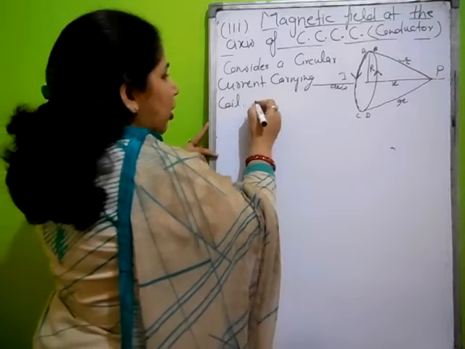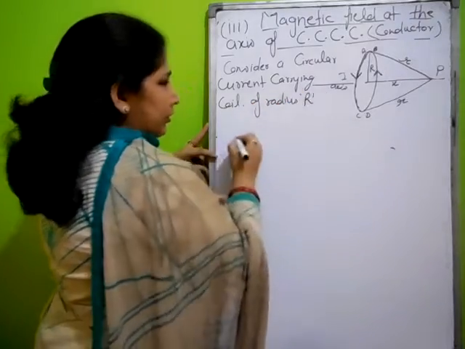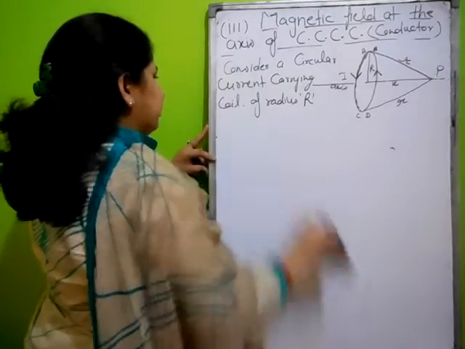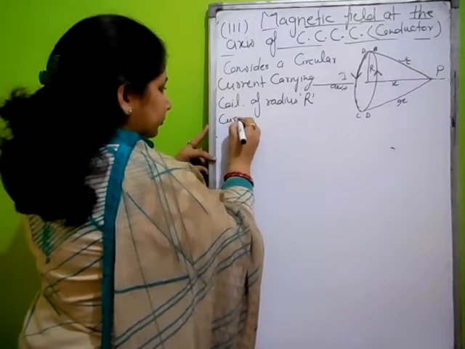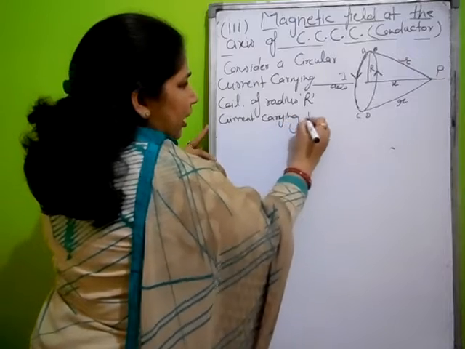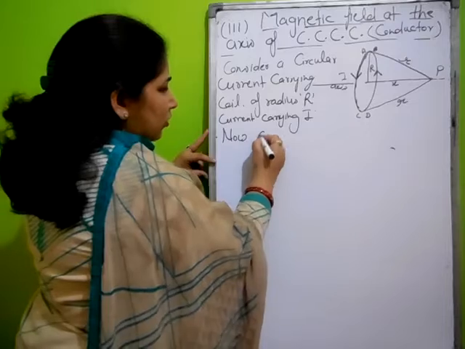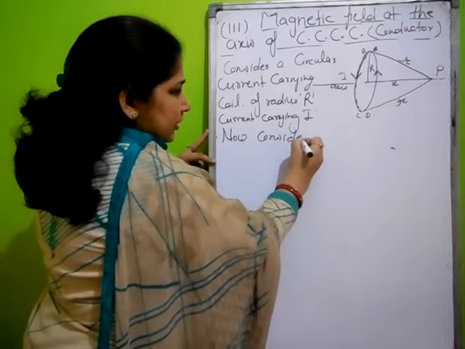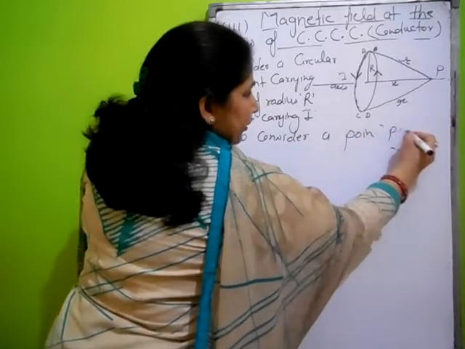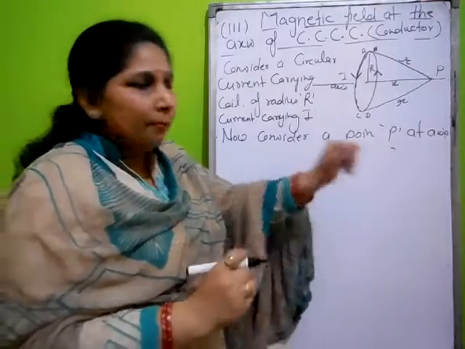We will mention the radius as capital R, carrying current I. Now we will consider a point P at the axis where we have to find the magnetic field.